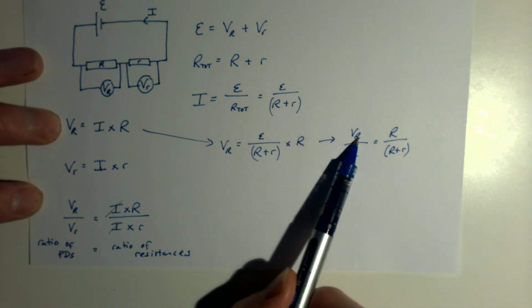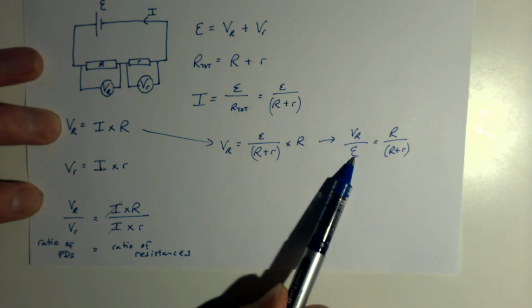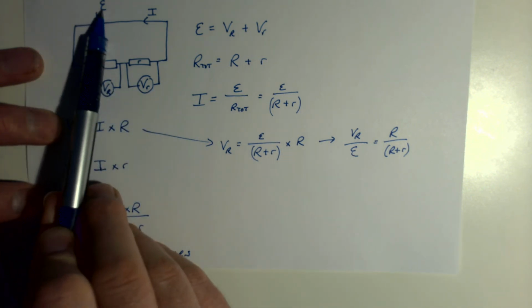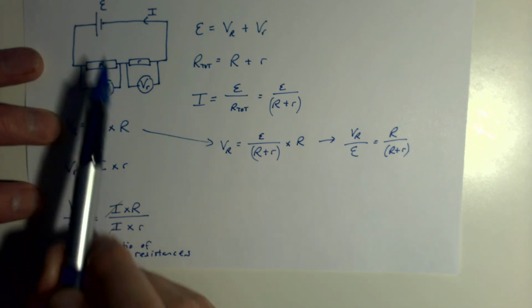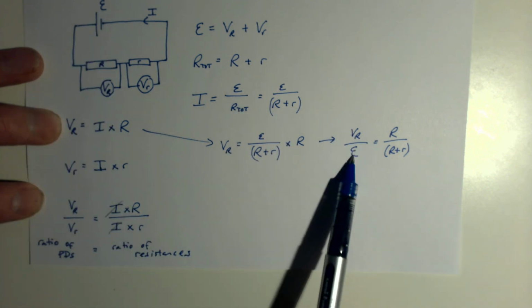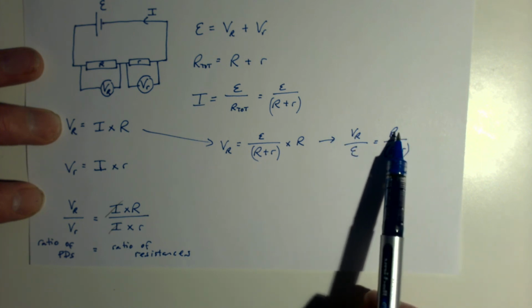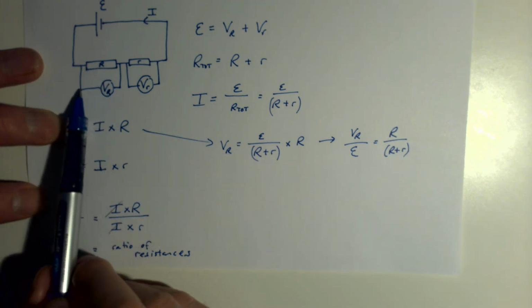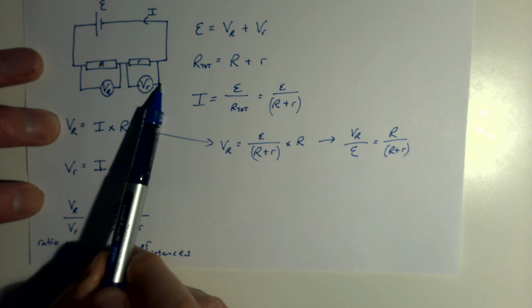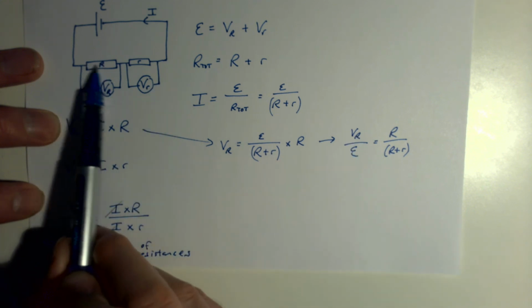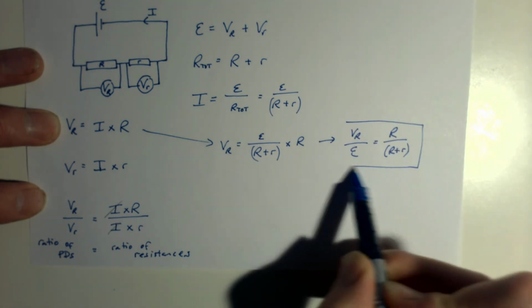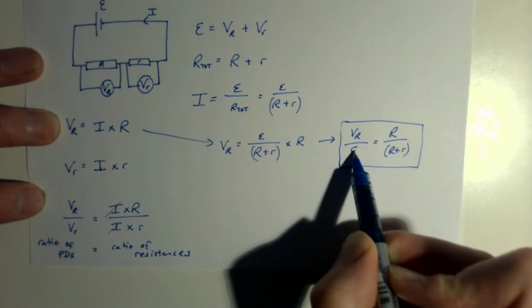The potential difference across the big resistor as a fraction of the EMF, this potential difference as a fraction of the total potential difference, is the same fraction, the same ratio, the same proportion as the resistance of the resistor compared to the total resistance. So that potential difference compared to the total is the same fraction as this resistance compared to the total. So that's another kind of ratios thing.